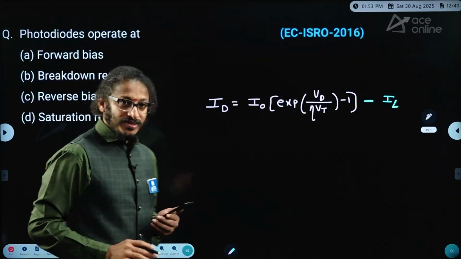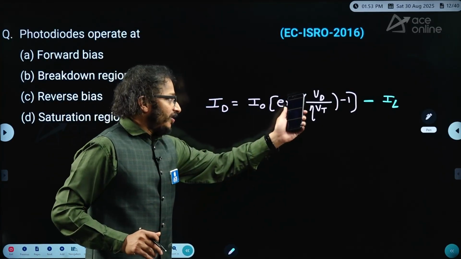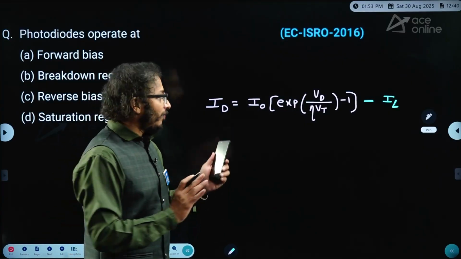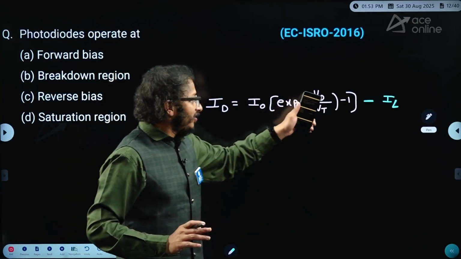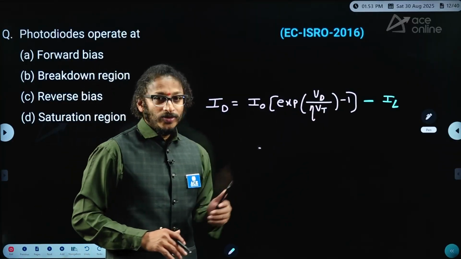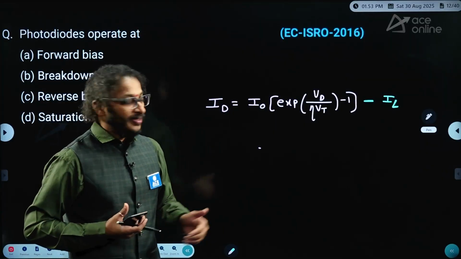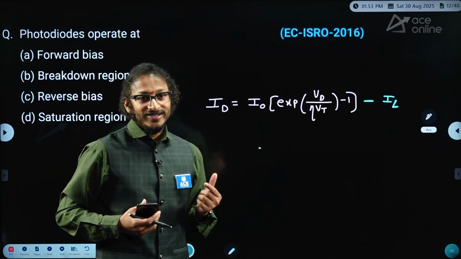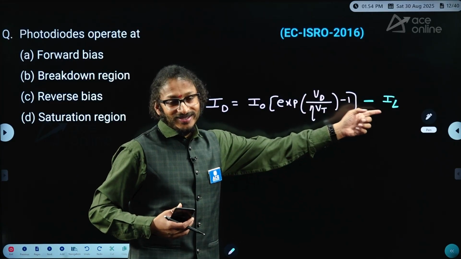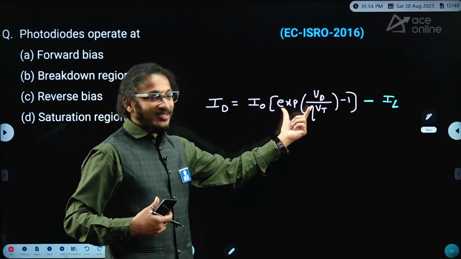Now my question here is, students, listen to my words carefully. For example, I operate my diode in the forward bias. Then in that case, the diode voltage will be positive. Now speak out, if the diode voltage is positive, I think this exponential term is very high. True or not? This exponential quantity is very high. So this value is the highest compared to the photo current. In that case, the total current is almost equal to this current.